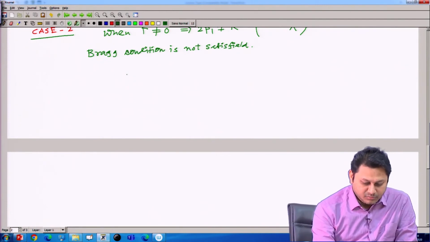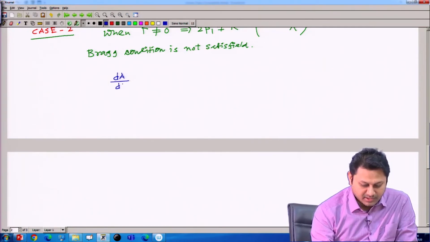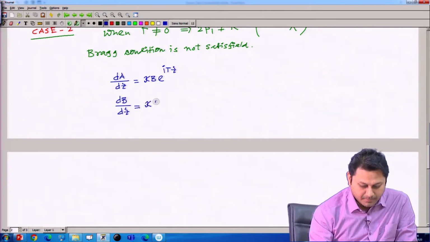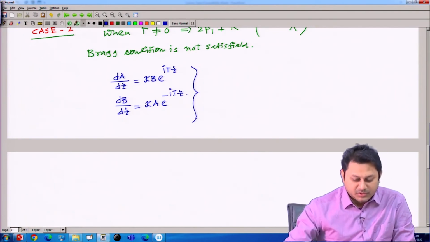Under that condition, we have two general equations, and I need to write these once again. And del B del Z is equal to kappa A e to the power of minus i gamma Z. I write these two equations several times. So, these are the two equations.